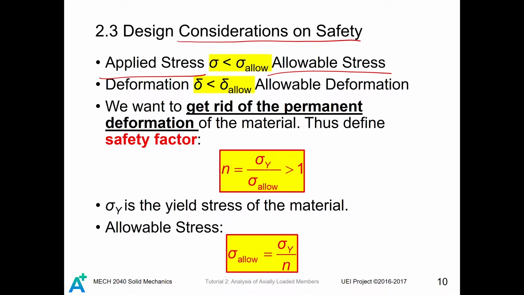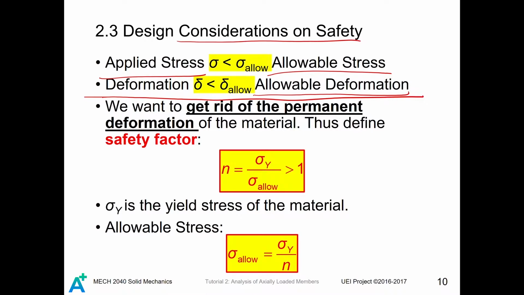Besides, since in our course we talk about deformation frequently, we will discuss the allowable deformation. The deformation of a piece of material should be less than the allowable deformation. Allowable deformation often comes from the allowable stress, because as we know, allowable deformation is a function of allowable stress.